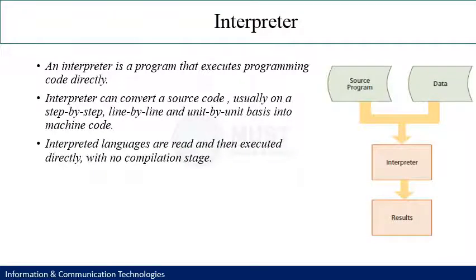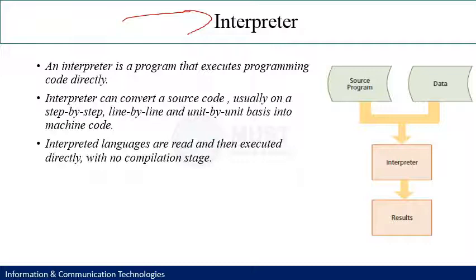So let's move towards the final topic of our lecture, which is the discussion of the components which are used to convert high-level code to low-level code. As I have discussed previously, common tools are an interpreter and a compiler.